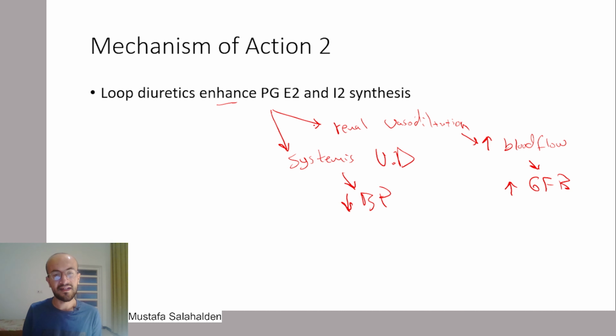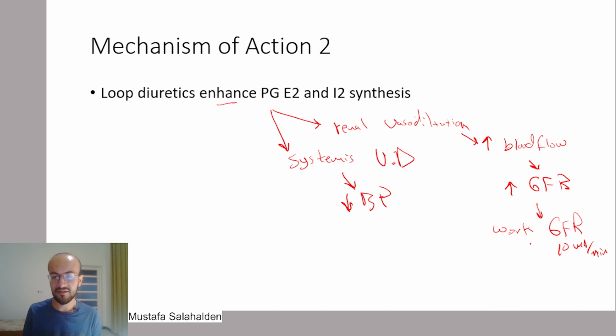And those drugs would work even if the GFR, the glomerular filtration rate, is 10. So they work even if GFR is 10, which is the last stage of kidney failure, called end stage kidney failure. So they are very efficient drugs.